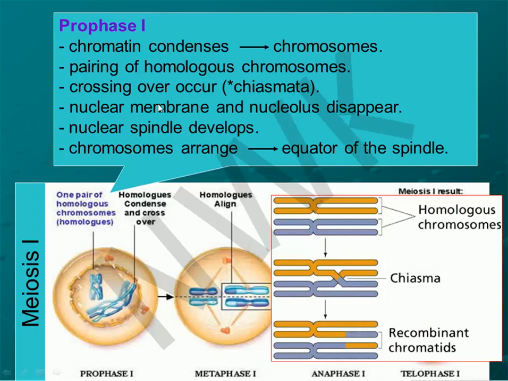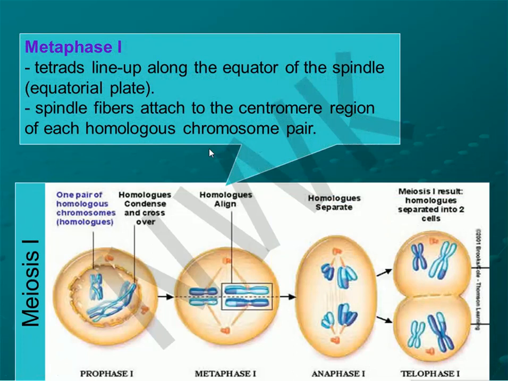Then in prophase 1, later on, the nuclear membrane and nucleus start to disappear, and spindle fibers start to form. Now they start to attach to the chromosomes. In metaphase 1, the homologous chromosomes are aligned at the metaphase plate. Look carefully: in mitosis, it is chromosomes aligned at the metaphase plate, but in meiosis, it is homologous chromosomes aligned at the metaphase plate.